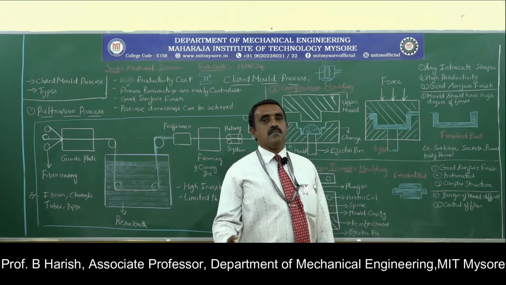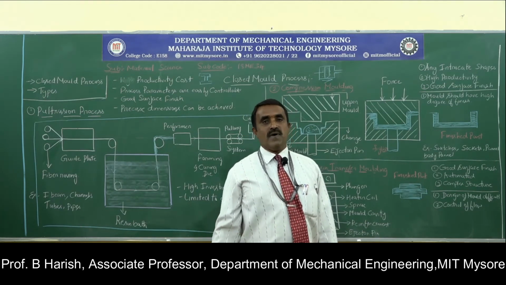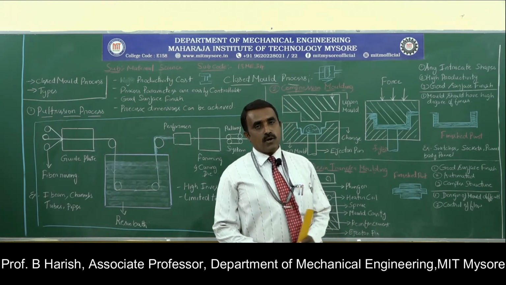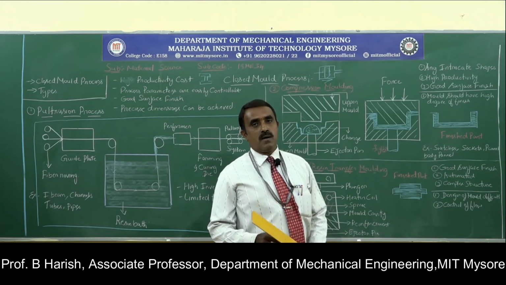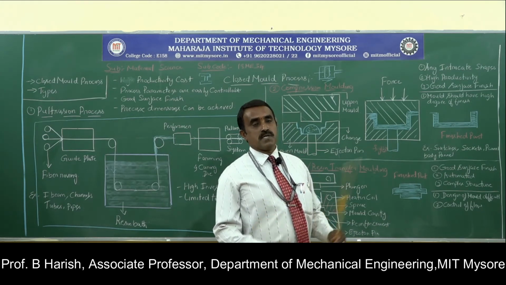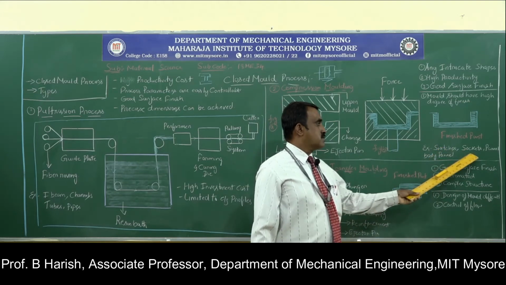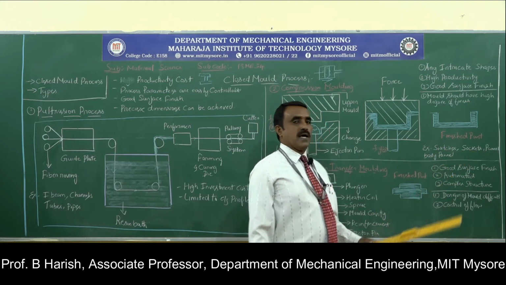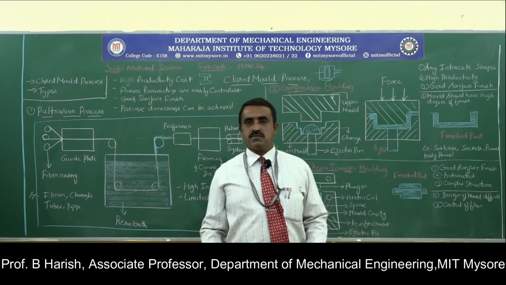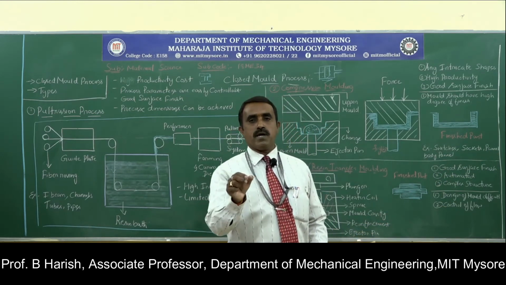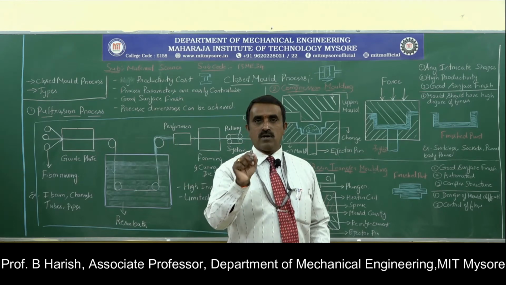Once you know the method, its advantages and disadvantages, we can look at the applications where this method can be used. Examples: switches, sockets, panels, body panels. If you look at switches, it is a very small component made of composite material.